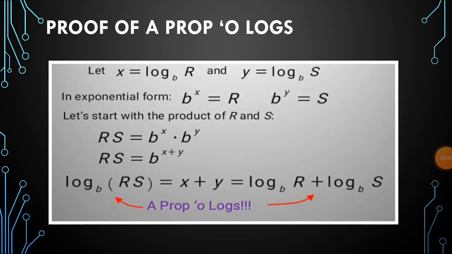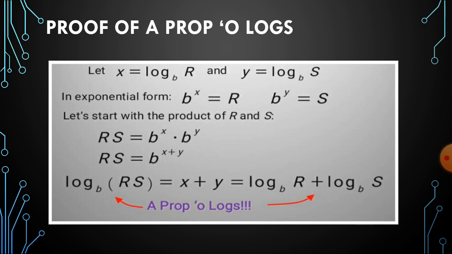So let us continue the proof of logarithm. Let's start with the product of r and s. So another example: r times s equals b raised to x times b raised to y. So next, rs equals b raised to x plus y.